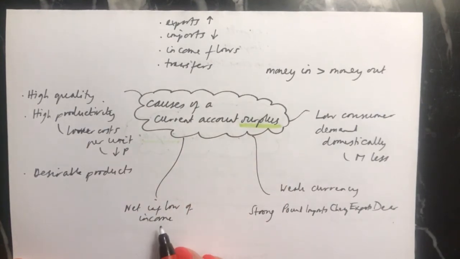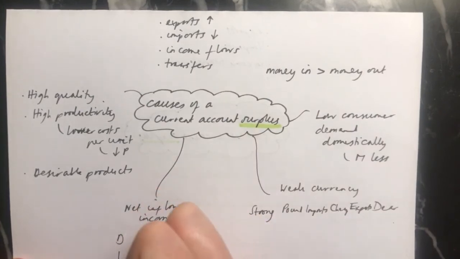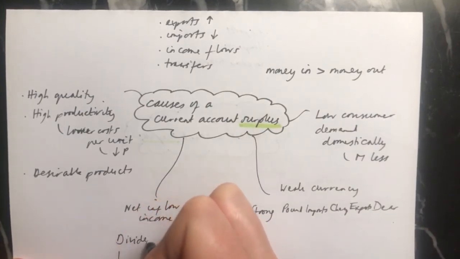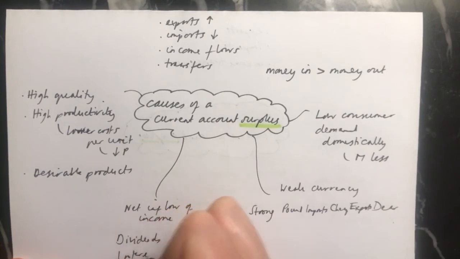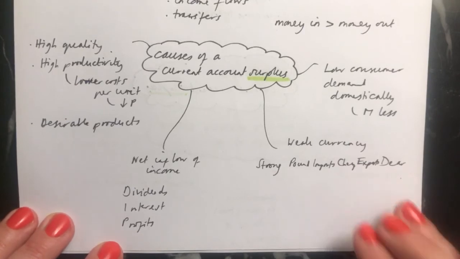Income, remember, is another thing that's measured on the current account, and that's to do with dividends, interest, and profits. And these overall may be in a net positive position coming in from abroad. You have more money coming in from these things than leaving the country. And this means that you might then have a surplus on the current account.